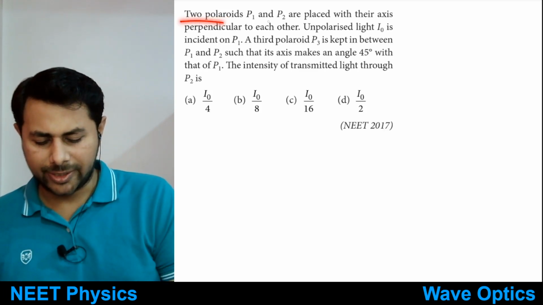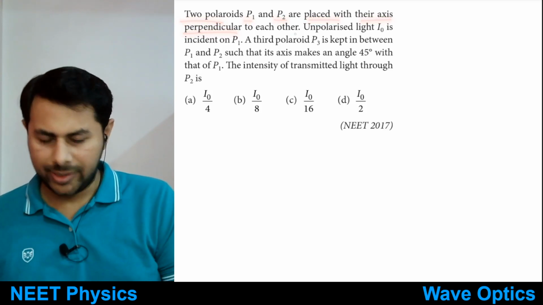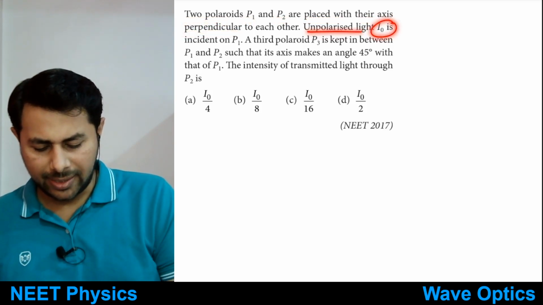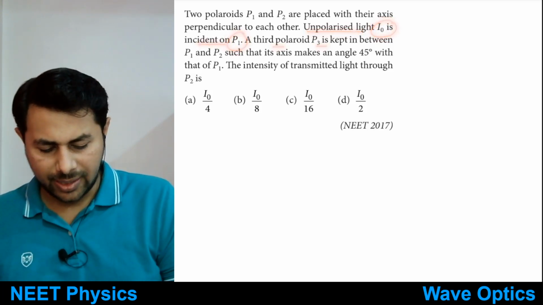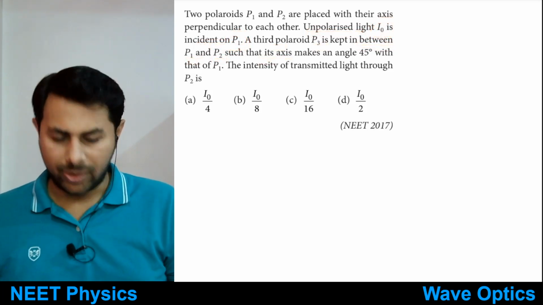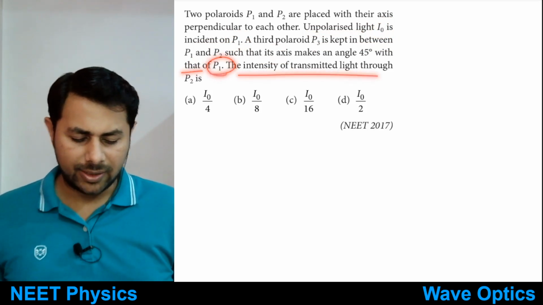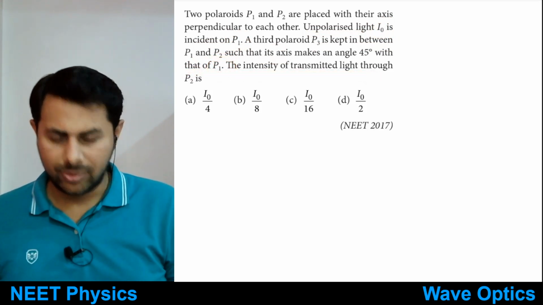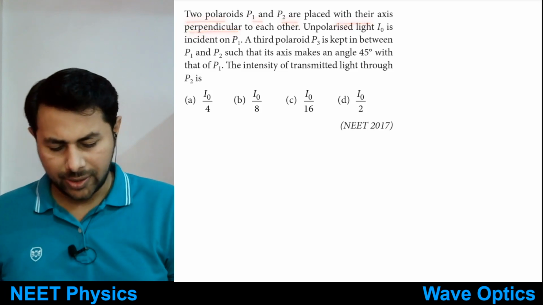Two Polaroids P1 and P2 are placed with their axes perpendicular to each other.